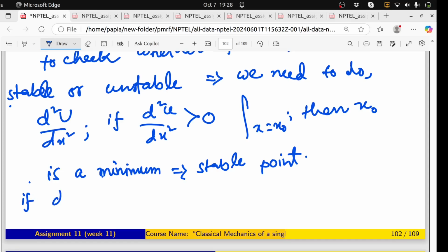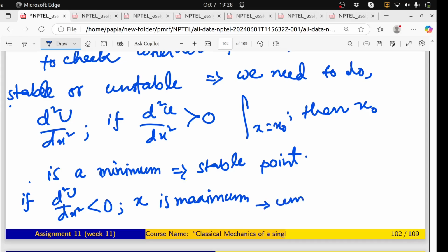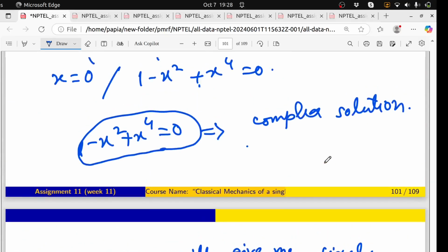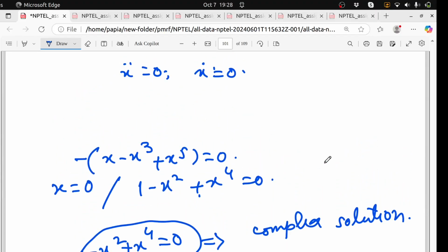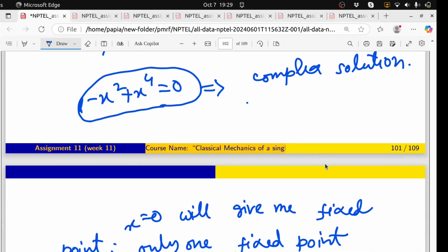Now if d2U/dx2 is less than 0, x0 is a maximum, so it is giving an unstable point.